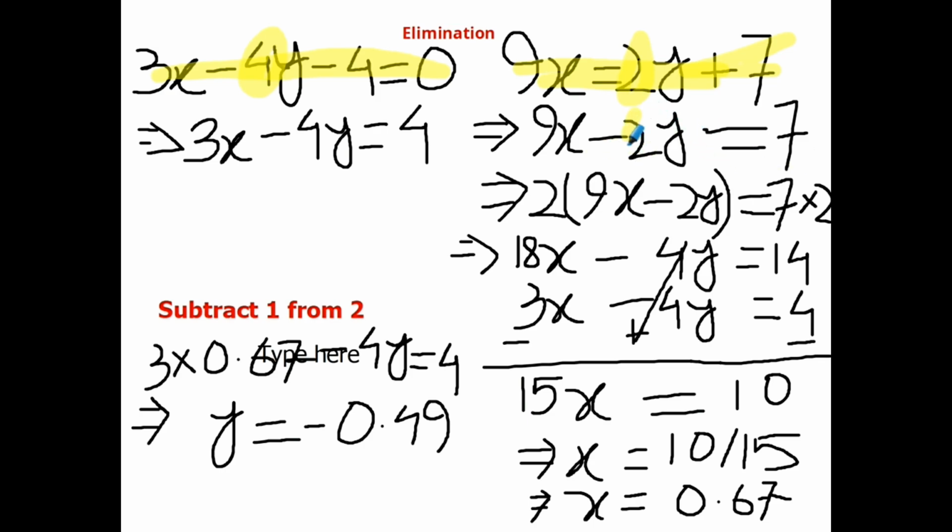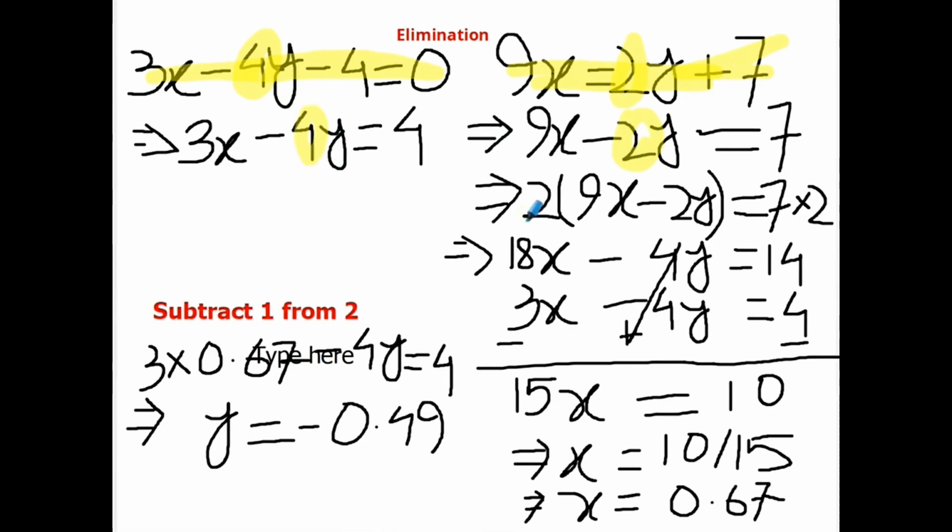So in order to make these two similar, we have multiplied both sides of equation number 2 by 2 in order to make this coefficient 4. So it has become 18x minus 4y equal to 14. Now we have to subtract equation number 1 from equation number 2.